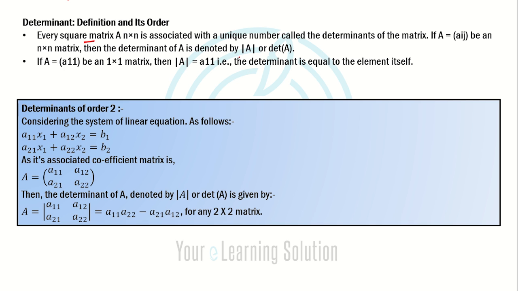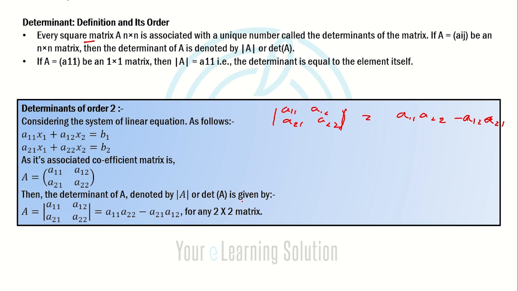So for a 2 cross 2 matrix, if this is A11, A12, A21 and A22, then your determinant is just going to be equal to A11 A22 minus A12 A21, which is exactly what we have here.